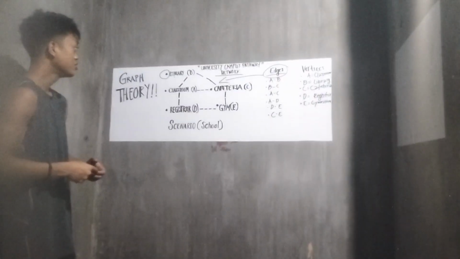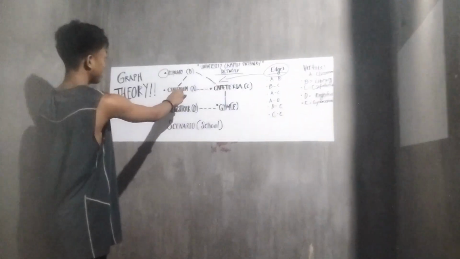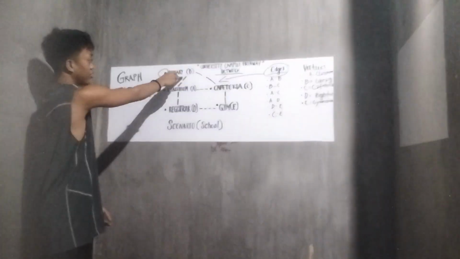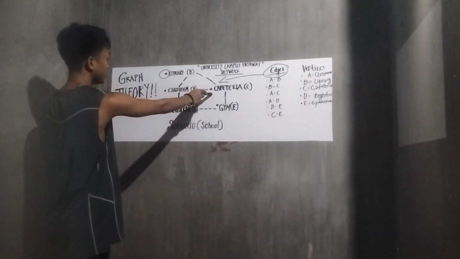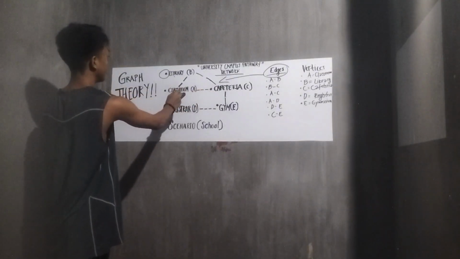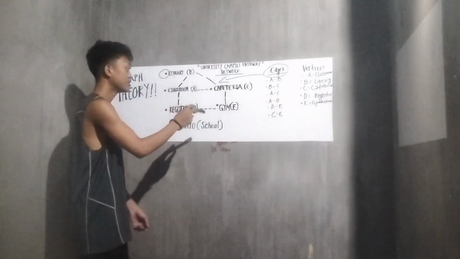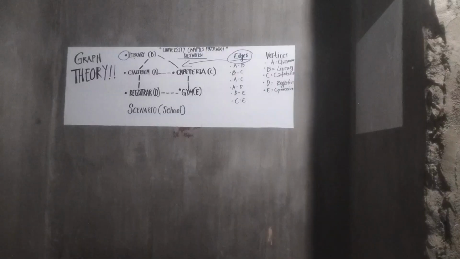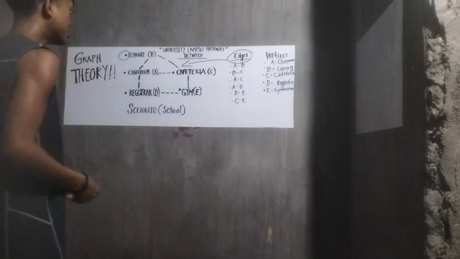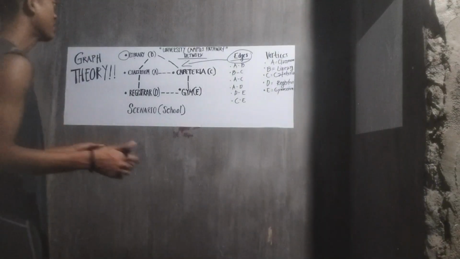So, as you can see in this graph, the classroom is connected to the library, and the library is connected to the cafeteria, and the cafeteria itself is connected to the classroom, and the classroom again is connected to the registrar, and the registrar is connected to the gym, going again to the cafeteria. So basically, it shows how students can move between different locations on a campus.